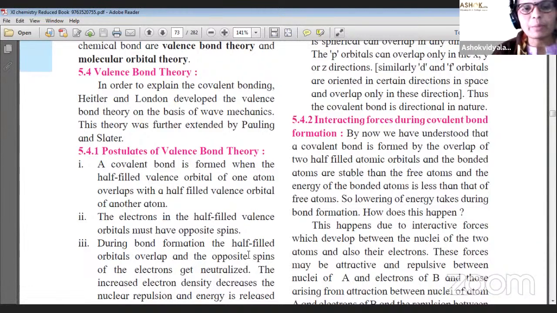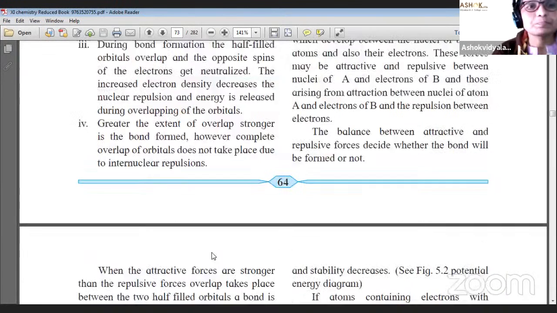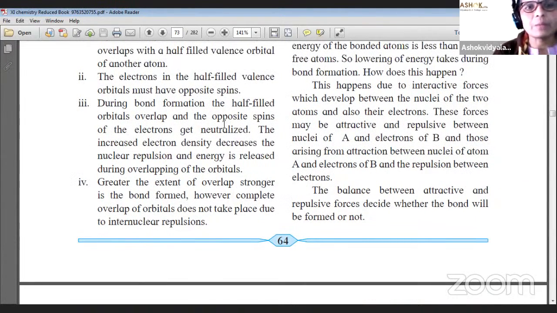During the bond formation, these half-filled orbitals overlap and the opposite spins of the electrons get neutralized. Those opposite spins get neutralized due to the overlapping and due to the pairing of these opposite spin electrons. This means lowering of energy. The greater the extent of overlap, the stronger is the bond formed.